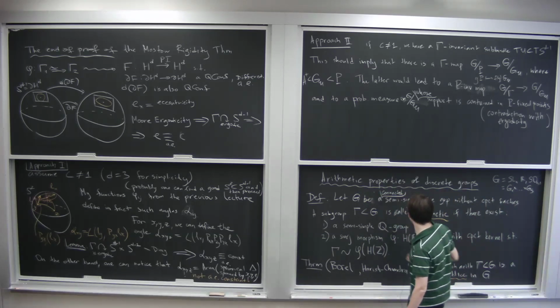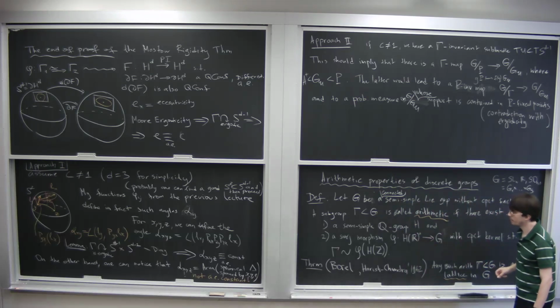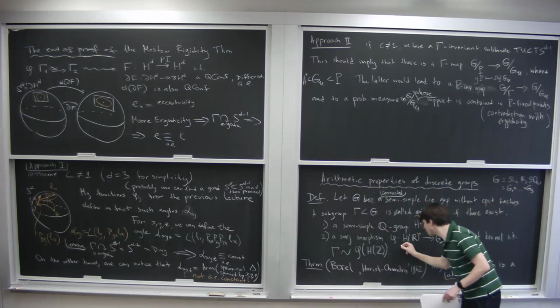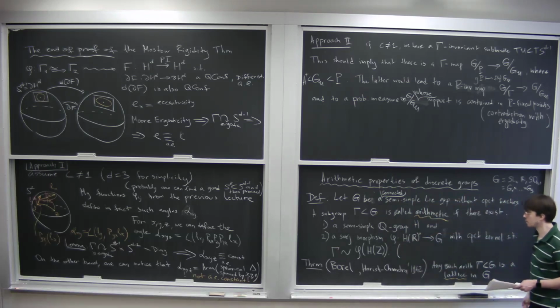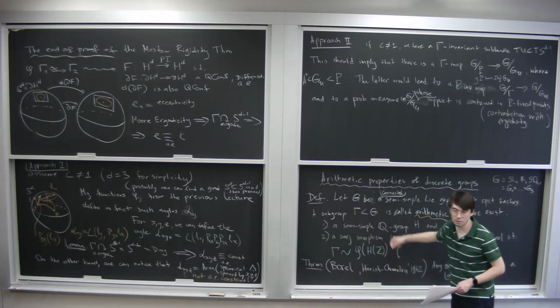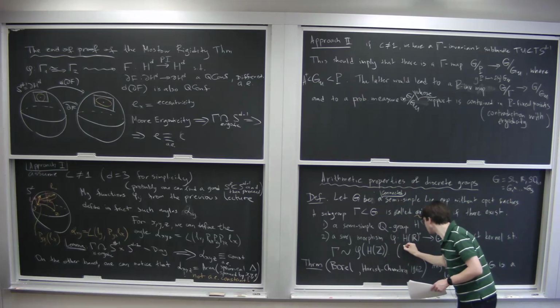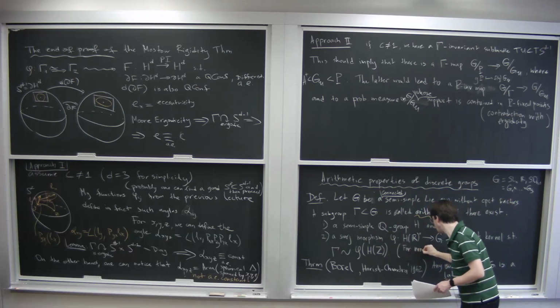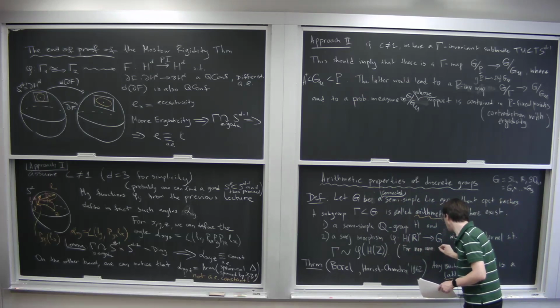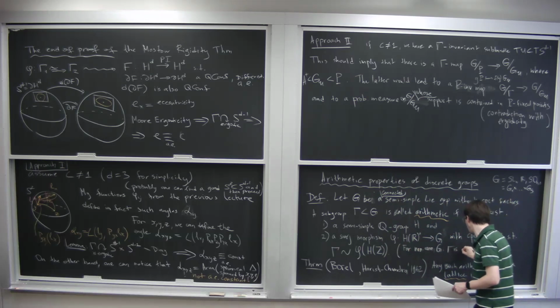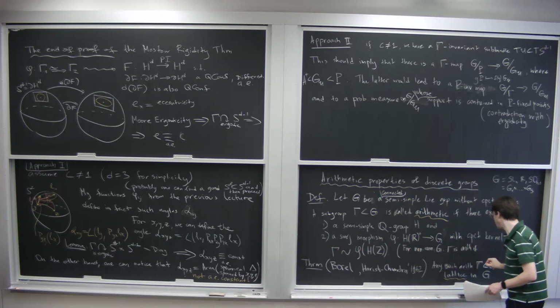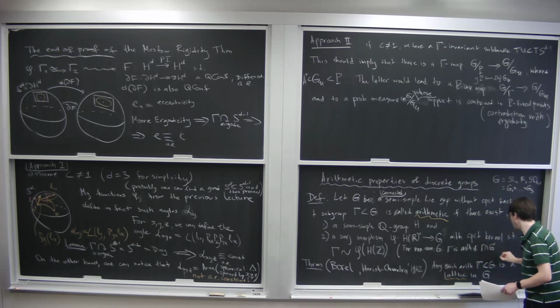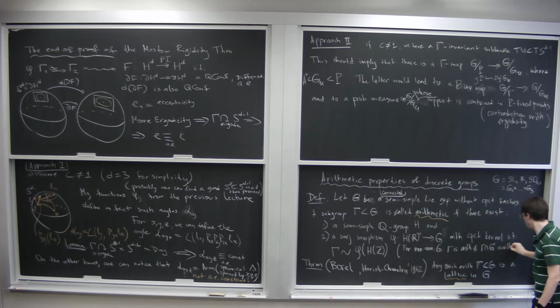I will remove this, and then I will say that for non-connected G, gamma is arithmetic if its intersection with the connected component of G is arithmetic in the connected component of G.